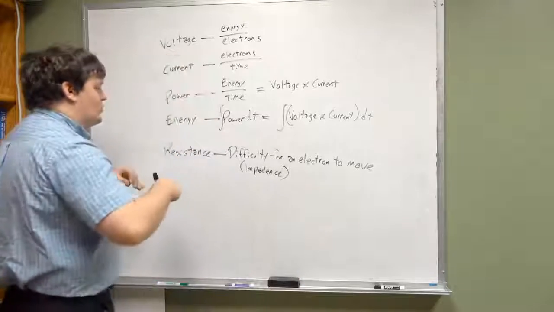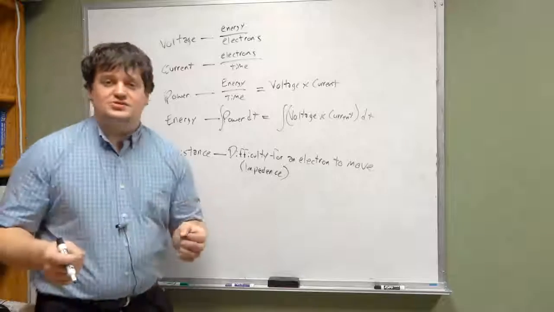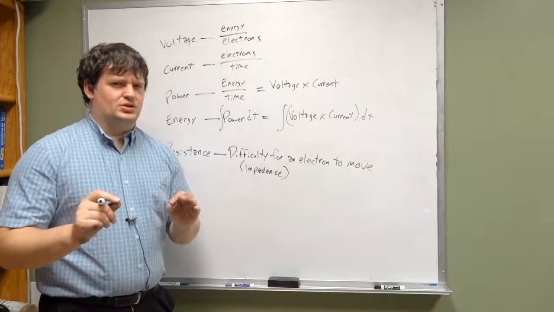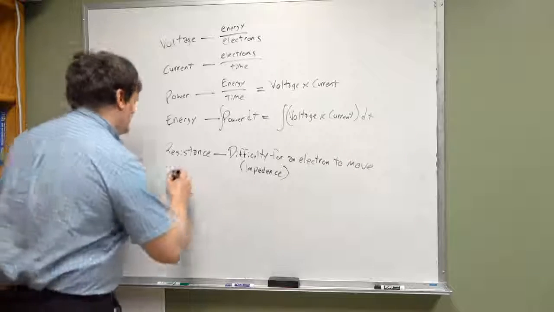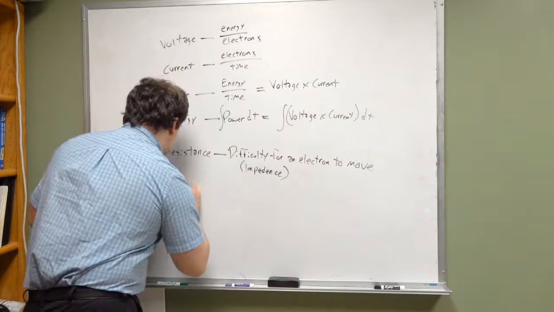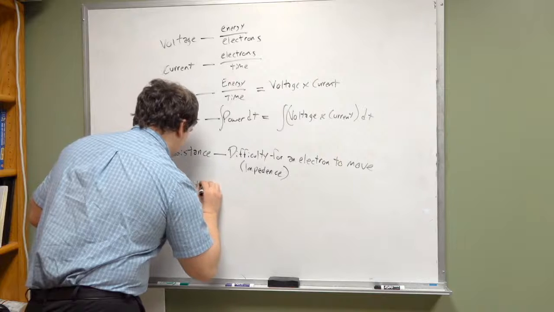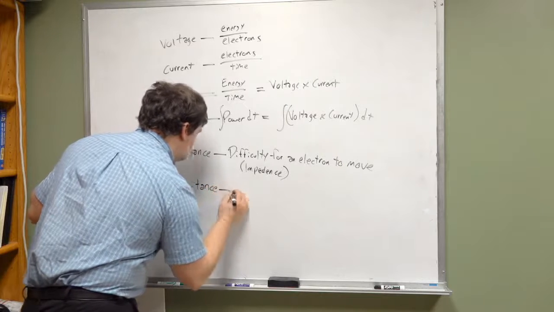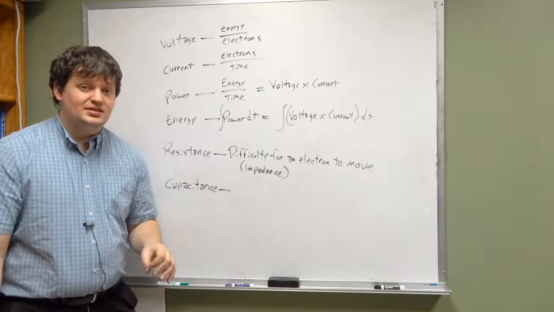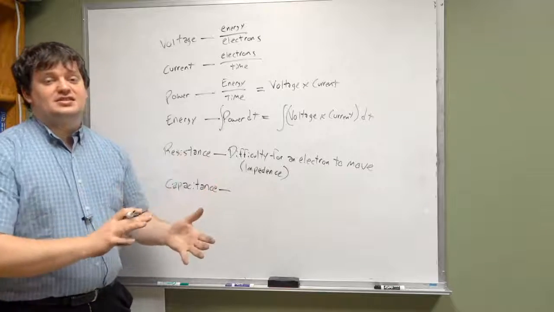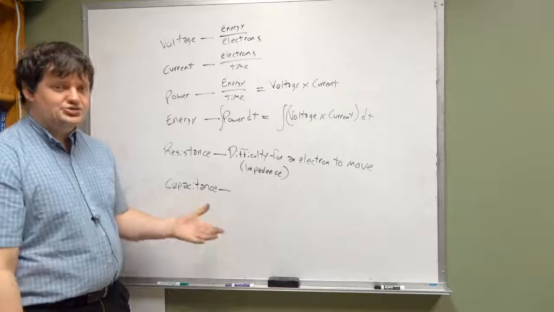Okay? Now, we're also going to be talking about two other terms, and these are a little bit more high level. Resistance is fairly easy to understand. We're also going to be talking about capacitance. Okay? Capacitance is the energy that is being stored electrically.